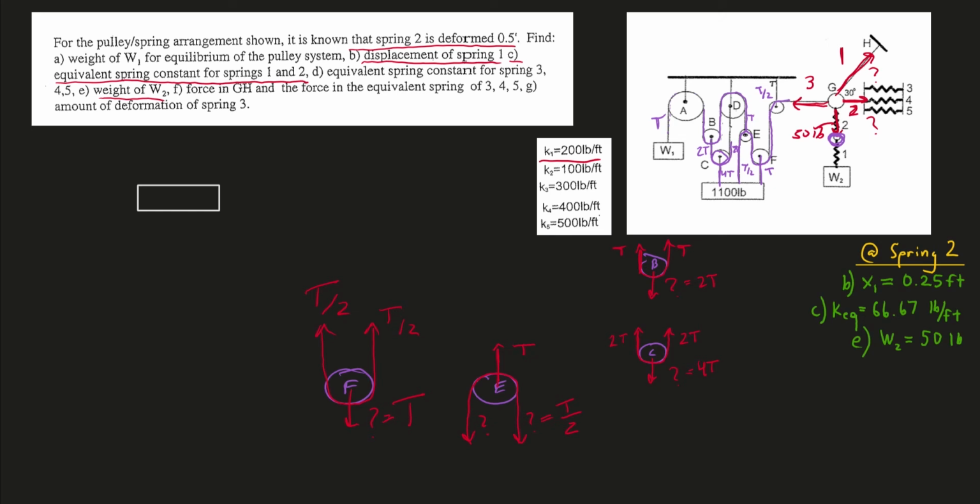So we take a look at that block, quick FBD on that, 1,100 pounds going down. We have 4T going up, the rope on the left.